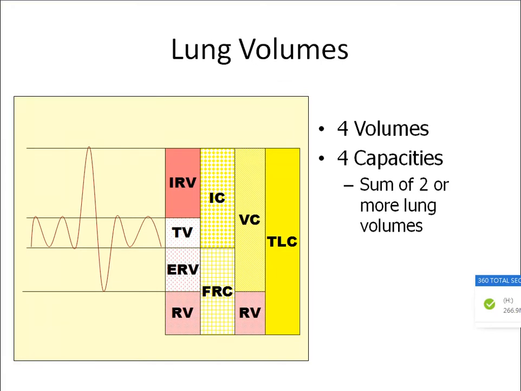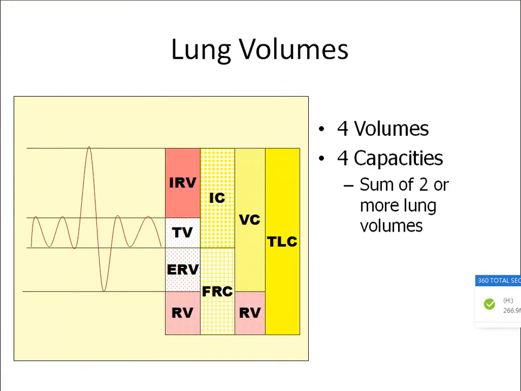Similarly, expiratory reserve volume is the amount of air that is expired from a position of normal tidal expiration. Tidal volume is the amount of air inhaled or exhaled during normal quiet breathing, about 6 to 8 ml per kg body weight, generally around 500 ml. Residual volume is the amount of air remaining in the lungs after maximal expiration.